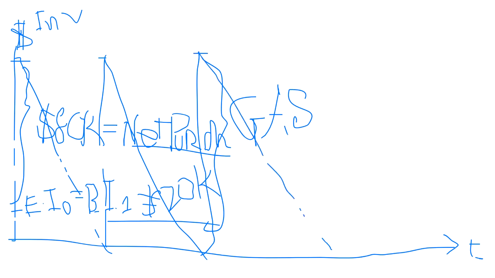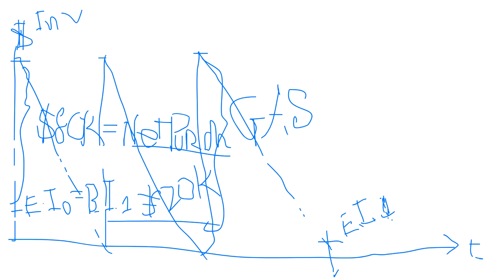By the end of the month, you either have some ending inventory left, right? That's called ending inventory at time 1, or beginning inventory at time 2, or it could be 0.